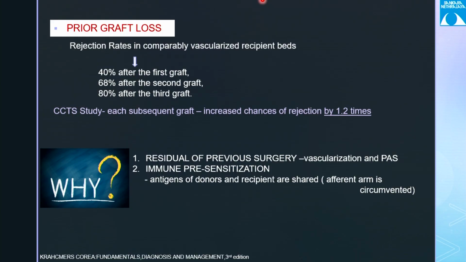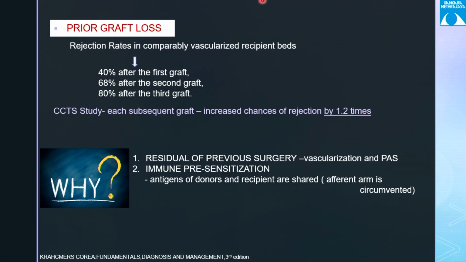You will have to give the patient a realistic idea, because sometimes one graft would have lasted 10 years and the second graft won't last even up to 1 year. This is the very reason that every time you do a graft, the outcomes are getting halved. The CCTS study showed that with every subsequent graft, the chance of rejection increases by 1.2 times.